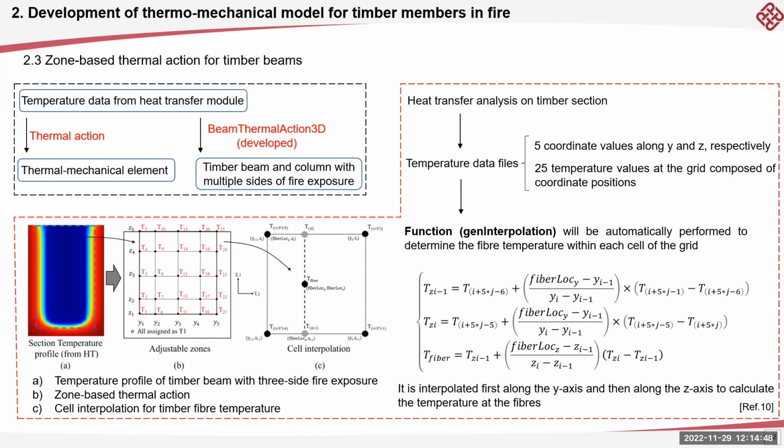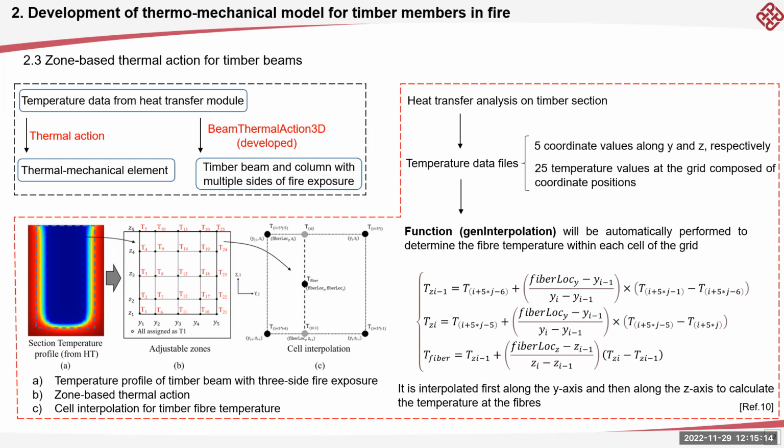After the heat transfer analysis on the timber section, we can get output files, and we can get the temperature data files, including 5 coordinate values along the y-axis and z-axis respectively, and 25 temperature values at the grid composite of the coordinate positions, just like this.